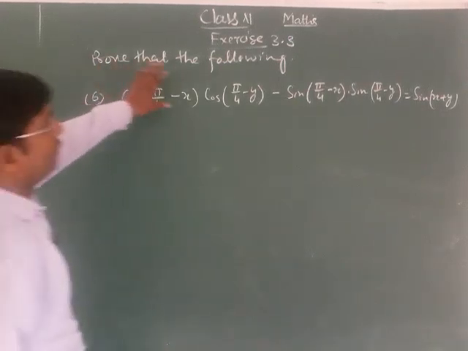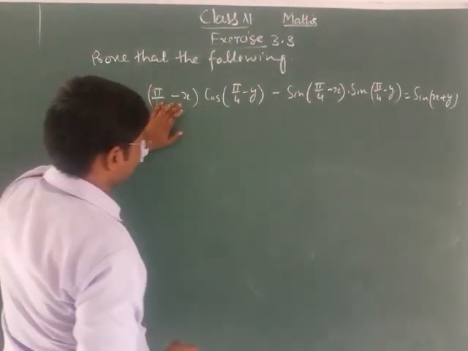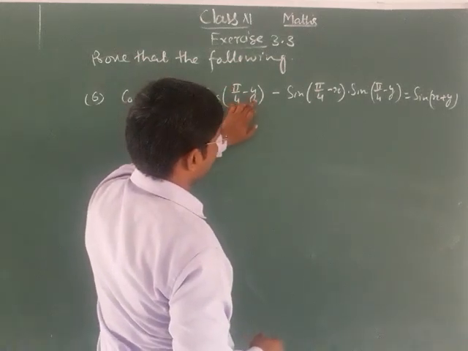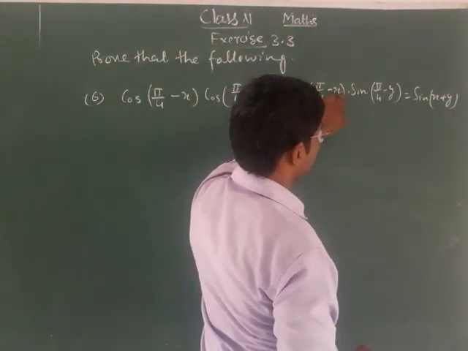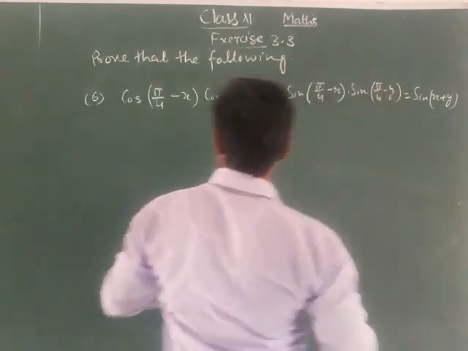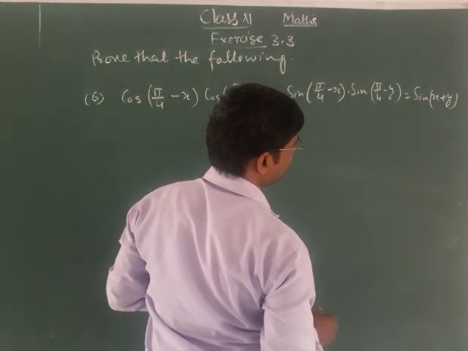Prove the following. Question number 6: cos(π/4 − x) cos(π/4 − y) − sin(π/4 − x) sin(π/4 − y) is equal to sin(x + y).